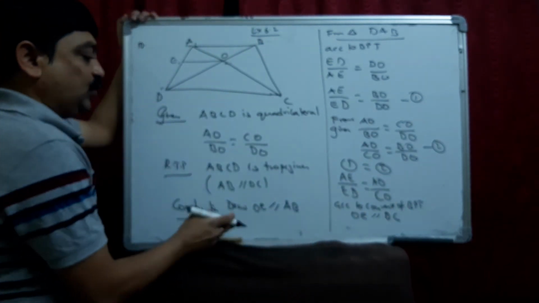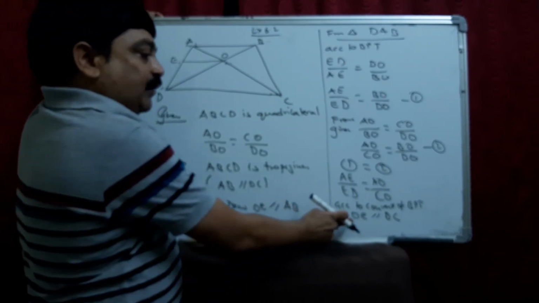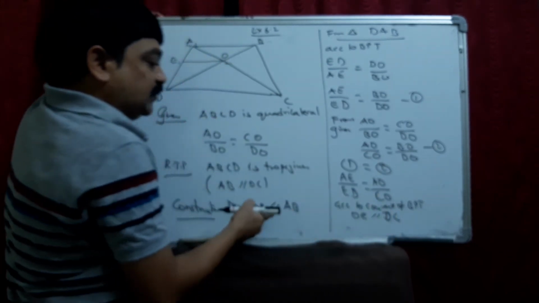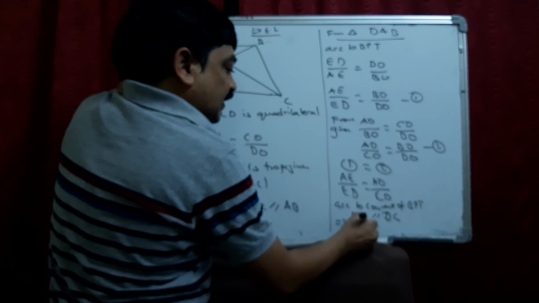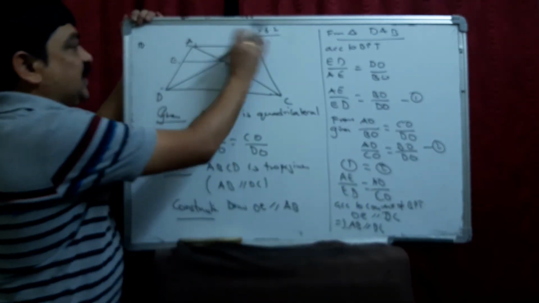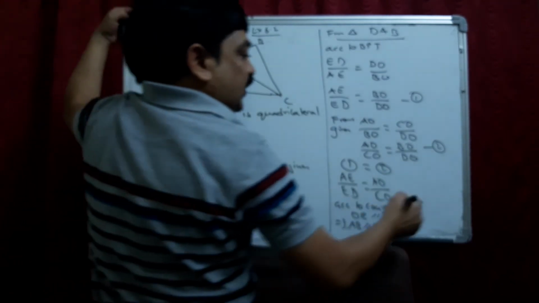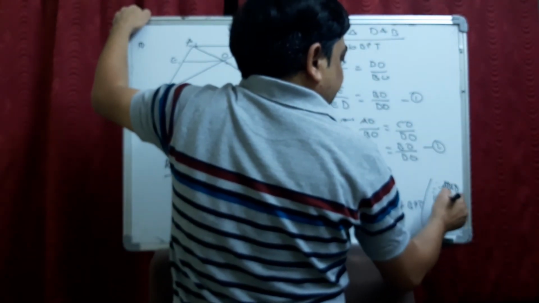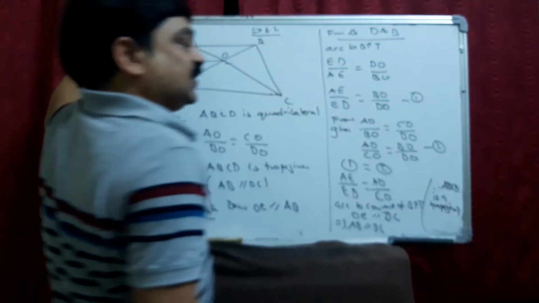I took in the construction OE parallel to AB, and I have proved that OE is parallel to DC. OE is parallel to AB and OE is parallel to DC. That implies AB is parallel to DC. When two opposite sides are parallel, what can you conclude? Therefore, ABCD is a trapezium. Understand, guys? All the best.